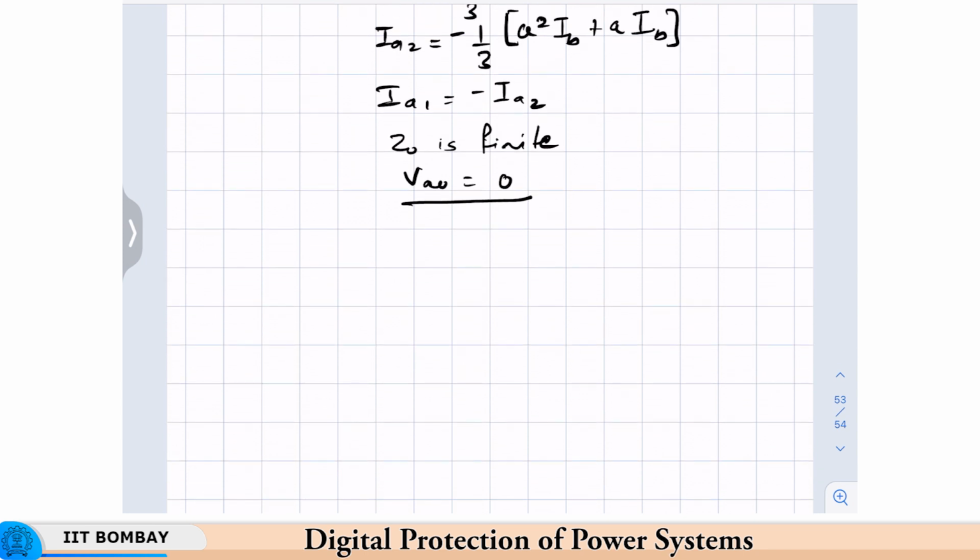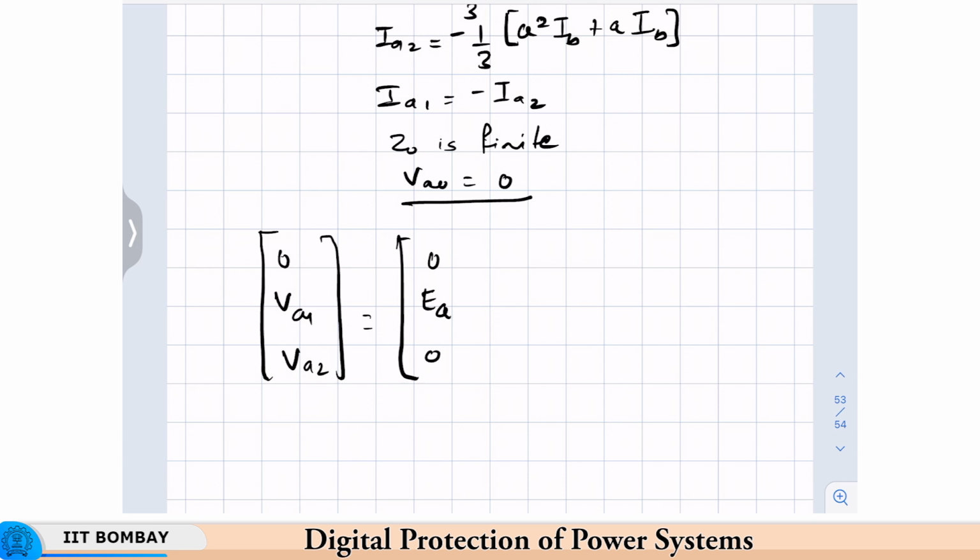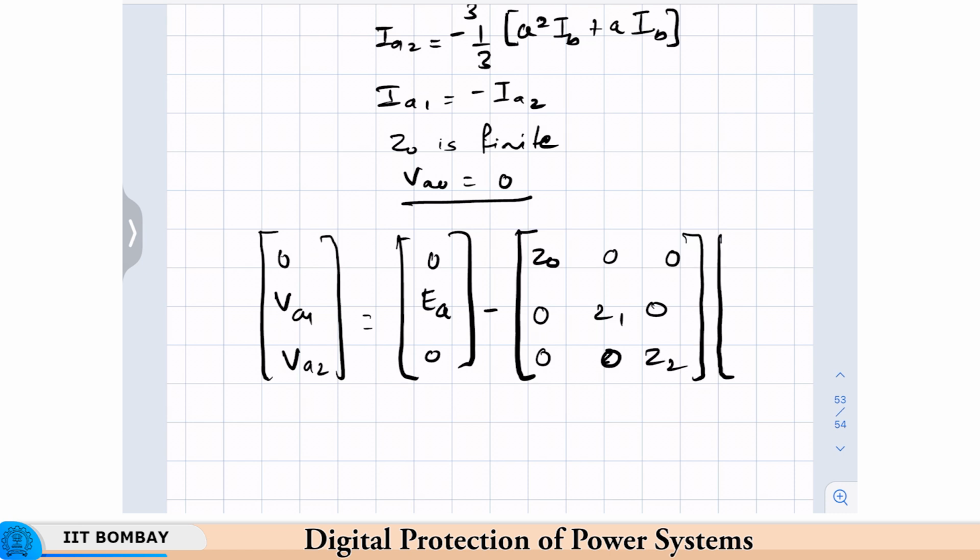So, if we plug it into our matrix form, what we will get is VA0, which is 0, then VA1, VA2, equal to 0, EA, 0, minus the matrix of Z0, 0, 0, 0, Z1, 0, 0, 0, Z2, times IA0, which is 0 as we have derived earlier, IA1 and minus IA1, because IA2 is equal to minus IA1.